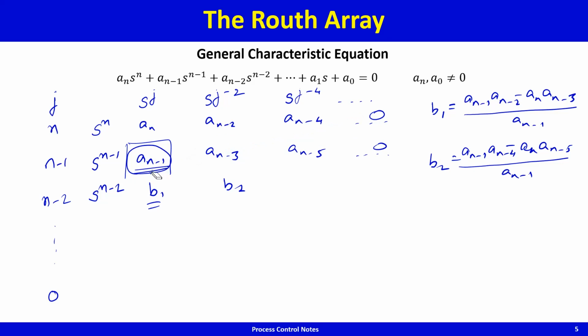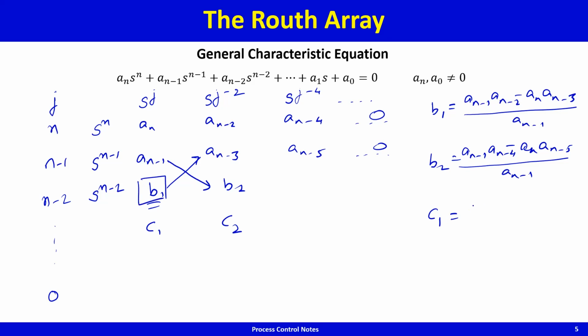Now once the b row is done, you come to the next row. So c1 and c2, how are c1 and c2 going to be calculated? c1 is going to be the same procedure, this times this minus this times that divided by this guy.